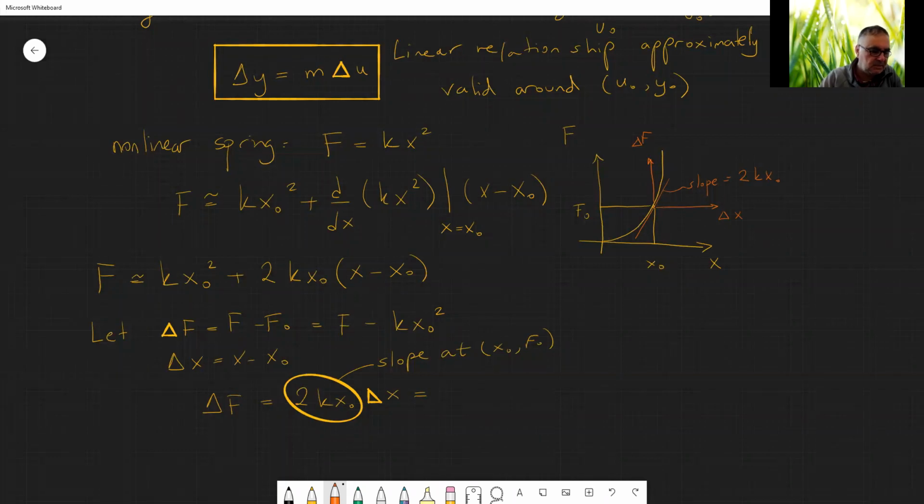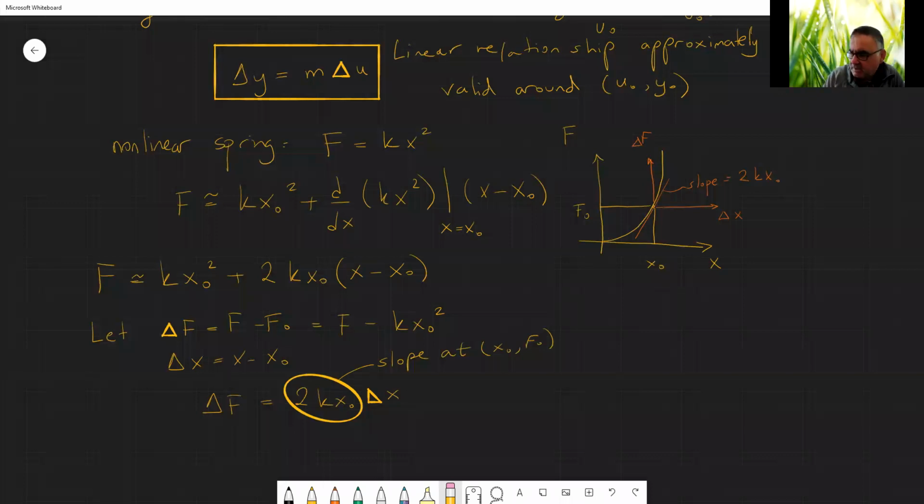And this is the equation that describes our system. So, for example, this is a nonlinear spring linearized about an operating point.